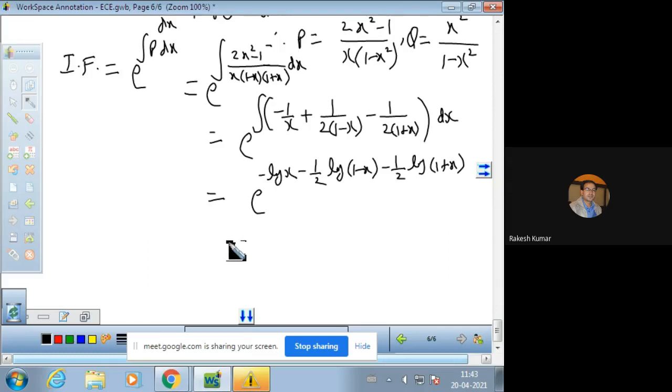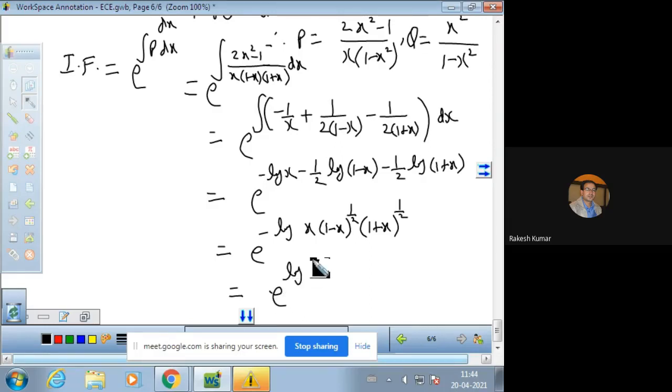So it can be written e raised to power minus of log of x into 1 minus x raised to power 1 by 2 and 1 plus x raised to power 1 by 2. So log will be cancelled here, or you can write e raised to power log of 1 upon x under root of 1 minus x square.